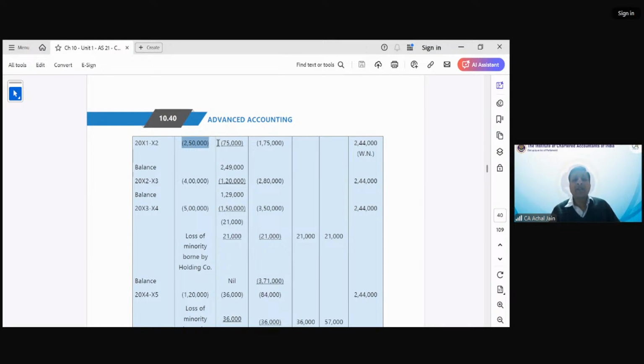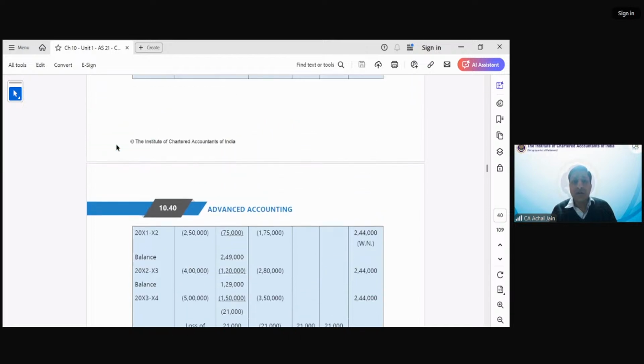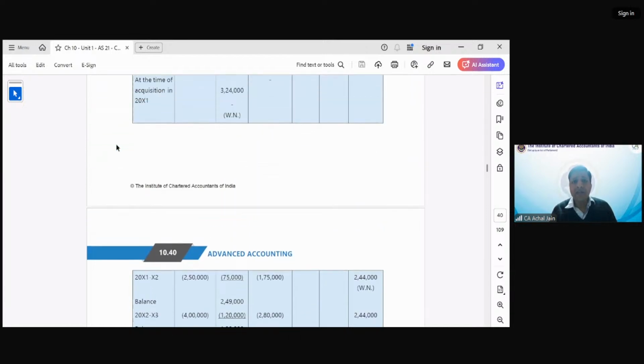So 30% of this will go to minority, 75,000. Yeah. So if you adjust this 75,000 against the balance of minority, what do you get? 2,49,000. Correct? What do you get? 2,49,000. Right? Okay.